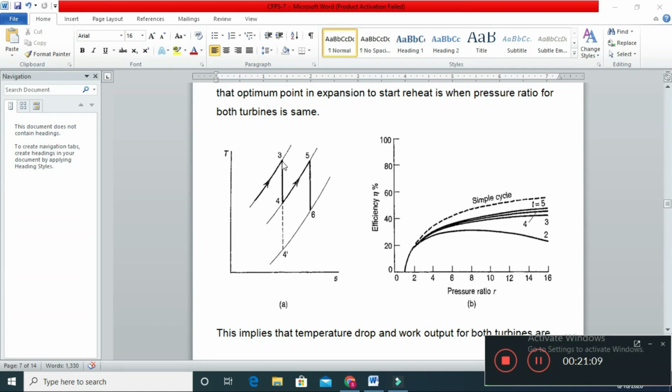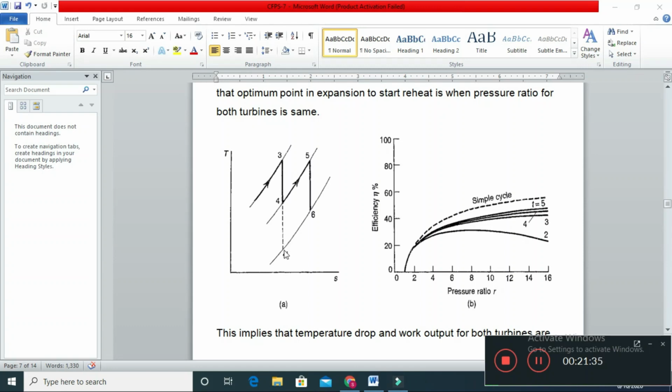So if we continue from 3 to 4 dash directly, the work obtained will be less. If we are having the process divided into two parts, 3 to 4 and then 5 to 6, the work will increase. The reason is that the constant pressure lines are diverging with the increase in entropy.